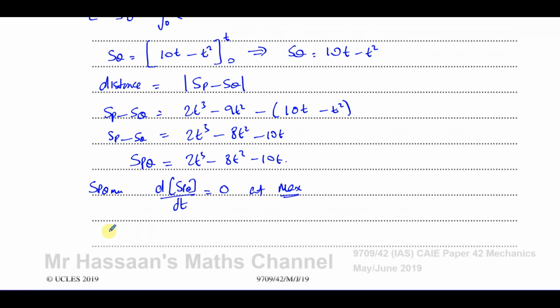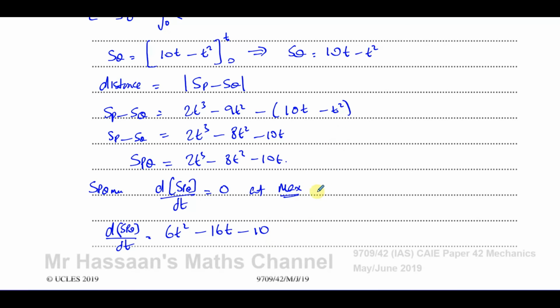So we're going to differentiate this with respect to t. That's going to give me 8t squared minus 16t. Sorry, not 8. What's going on with me today? That's 6t squared. 3 twos are 6. So multiply by the power, take 1 from the power, and the minus 10t will leave you minus 10.